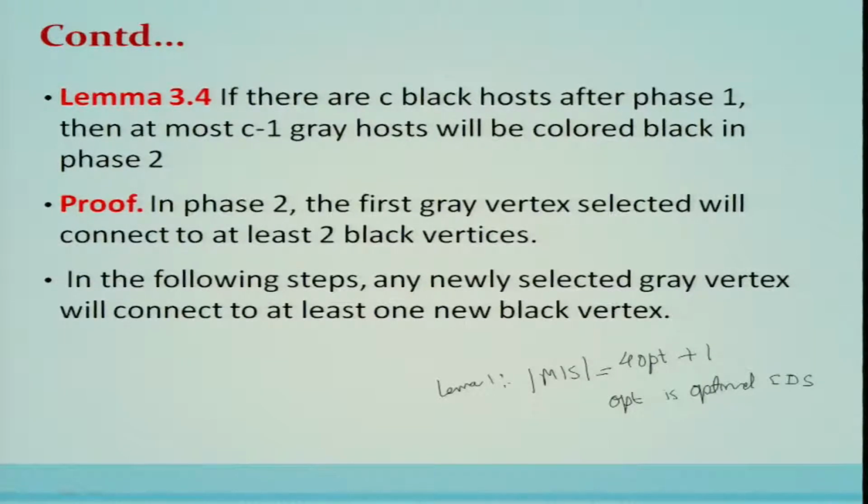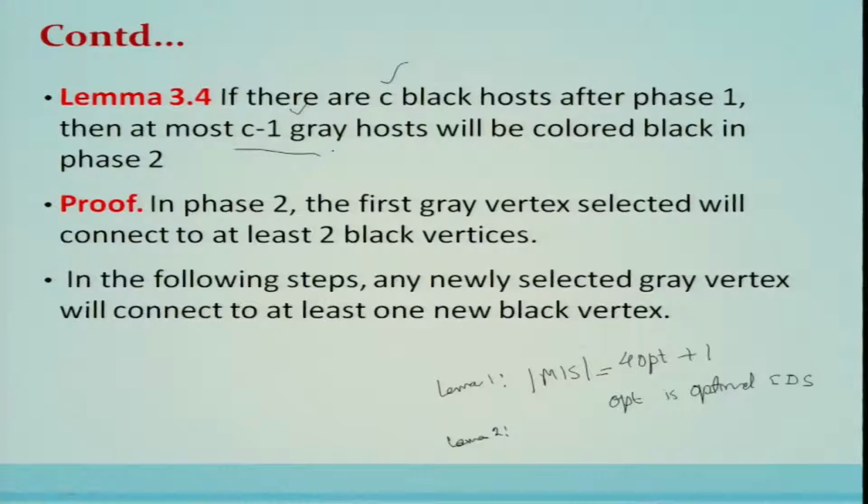Using this result, another lemma, lemma 2, says that if there are C black nodes after phase 1, then at most C minus 1 gray hosts will be blackened in phase 2. That means the Steiner tree will have at most C minus 2.